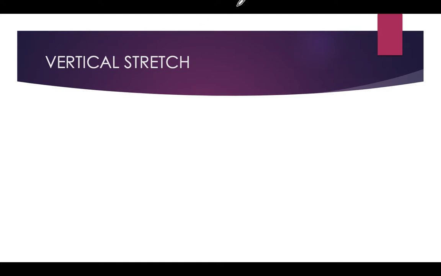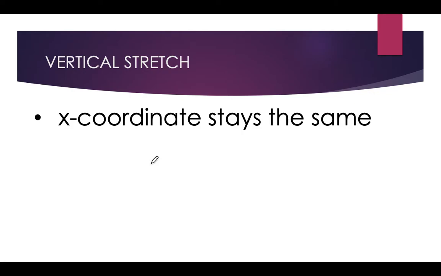Now we're going to look at our vertical stretches. The x coordinate stays the same. Remember, when you think of our ordered pairs, we have x and y. X represents the value of your x-axis, and y represents the value of your y-axis. If you visually think of your coordinate grid right now, your y-axis is that vertical direction.